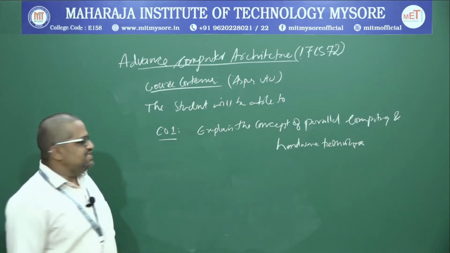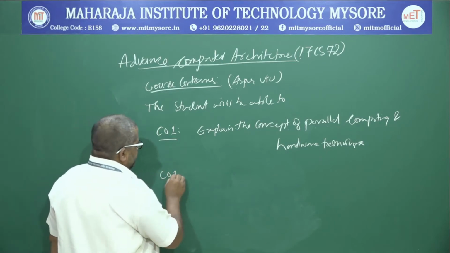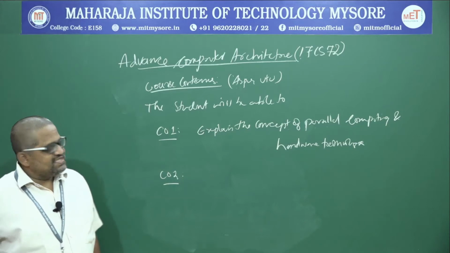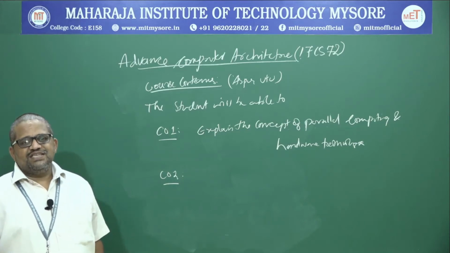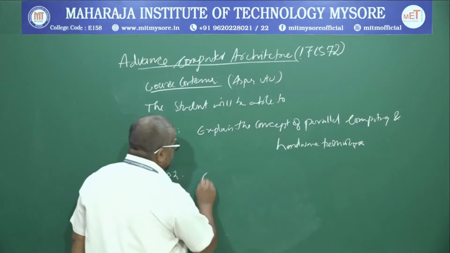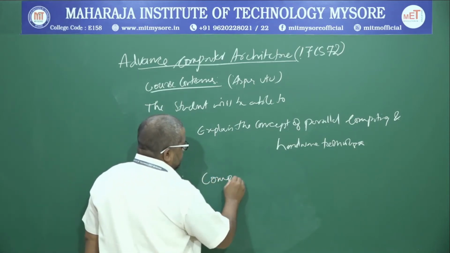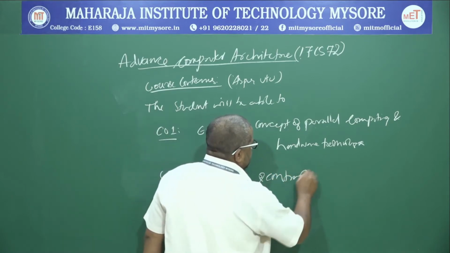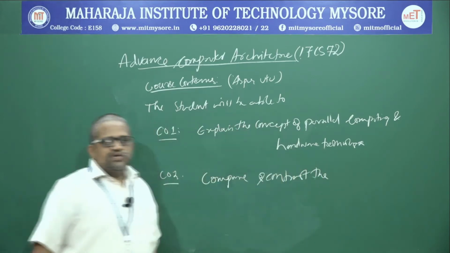Now, the second one is obviously when you are learning about various computing techniques and hardware technologies, there always needs to be a compare and contrast. The second CO is going to be about compare and contrast. What are you going to compare?